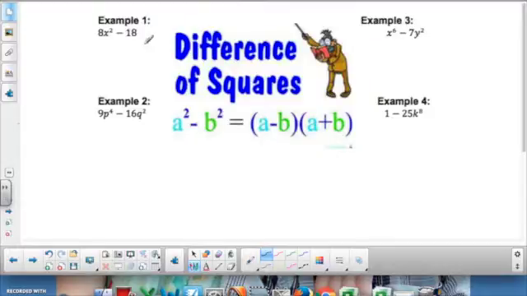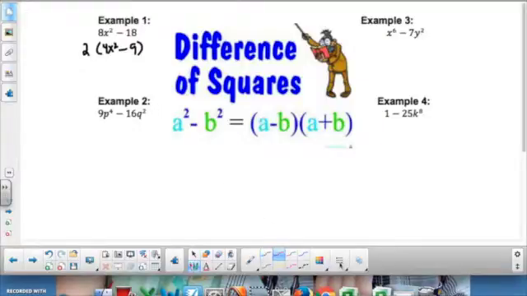Neither does 18. So I'm going to see if I can factor out something. Both of these are even, so we can factor out a 2. What that gives me is 8x squared divided by 2 is 4x squared, minus 18 divided by 2 is 9.